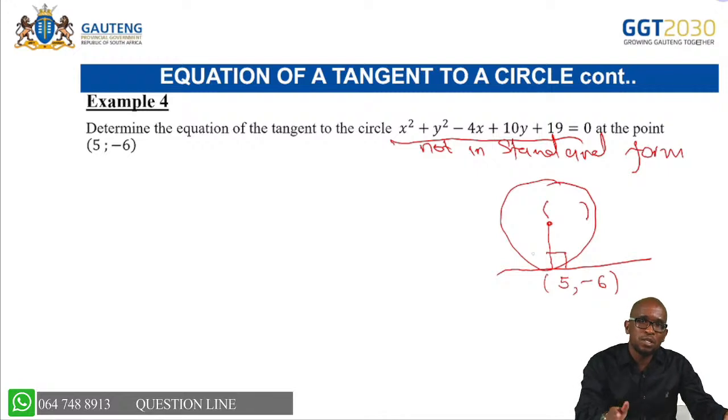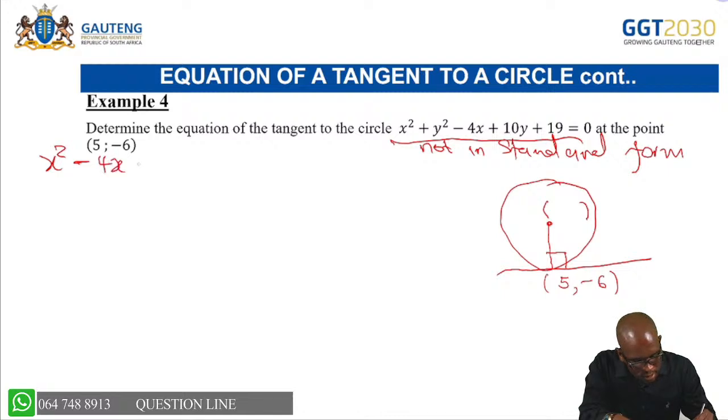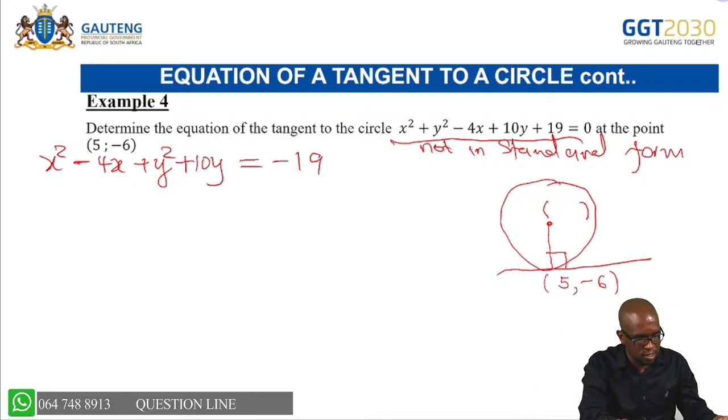Remember, when we complete the square, we group the x's on their own and the y variables on their own. So this would be x squared minus 4x plus y squared plus 10y equals -19. We move the constant to the right hand side.